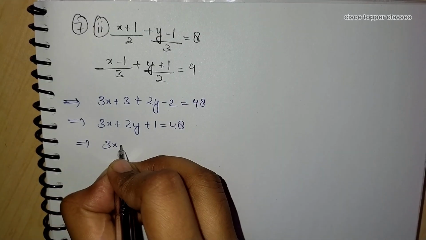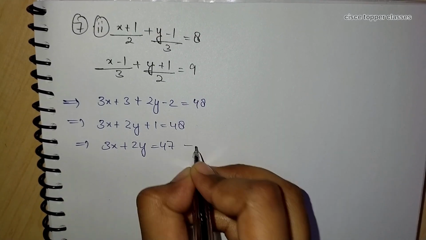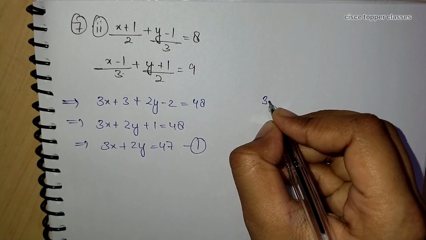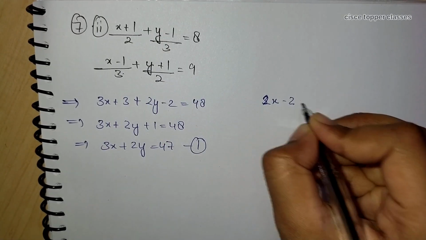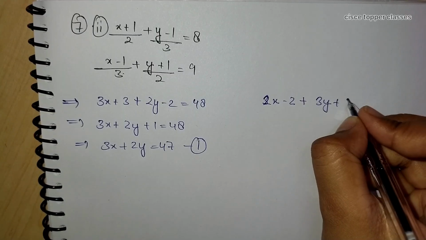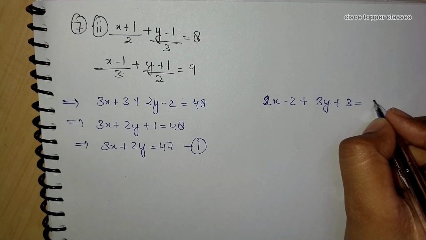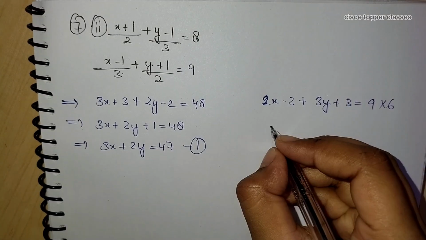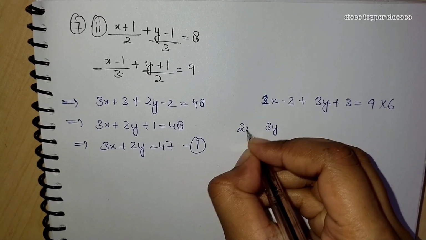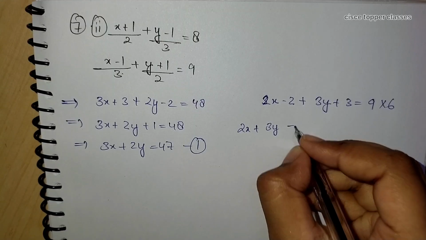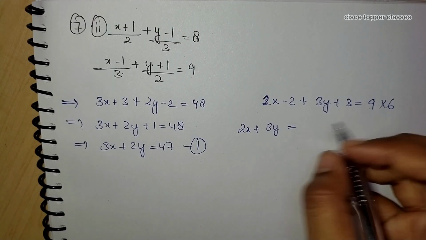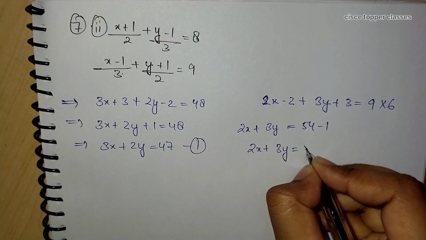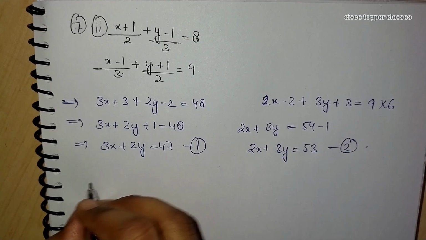So the first equation is 3x plus 2y equal to 47. Now for the second equation, we can write it as 2x minus 2 plus 3y plus 3 equal to 9 into 6. So on solving this part, we will get 2x plus 3y plus 1 equal to 9 into 6 as 54, minus 1. So 2x plus 3y equal to 53 is the second equation here.